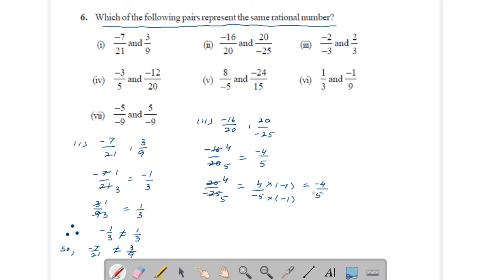That both the rational numbers are the same.